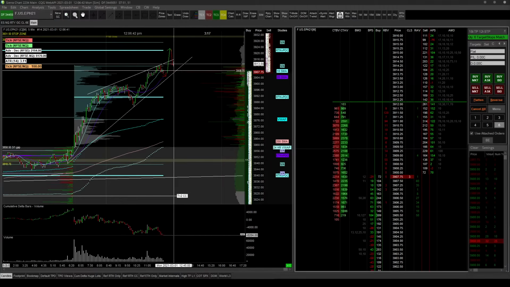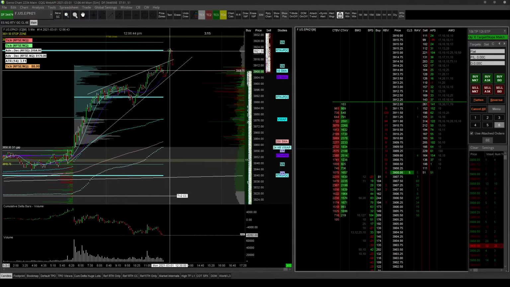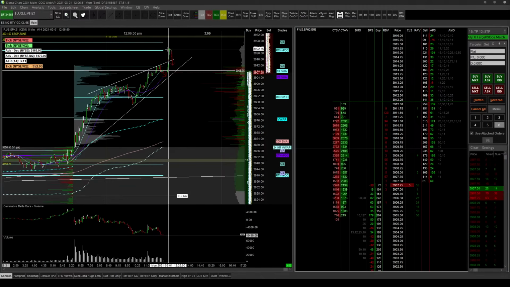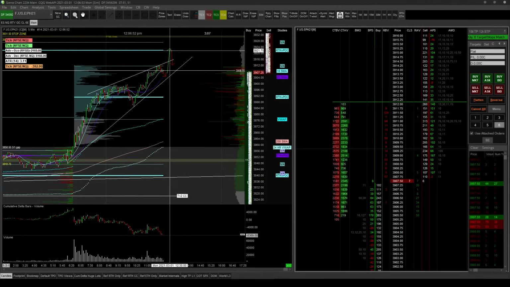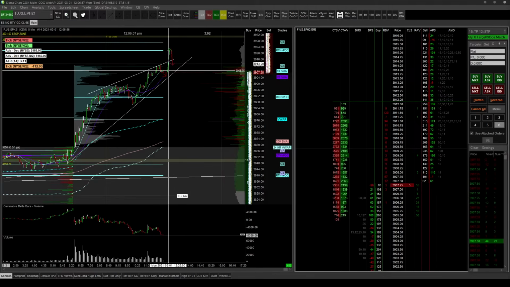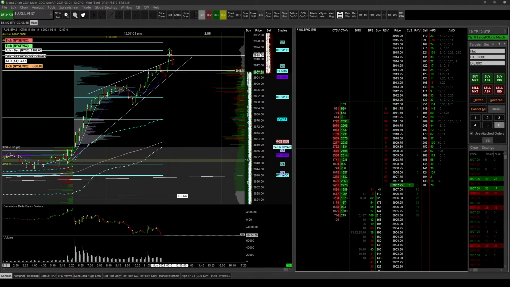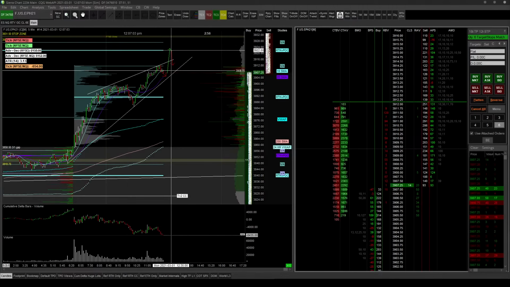You could short here, or you could sometimes get a, if you can read the price action correctly and you know kind of the nature of the beast that you're playing, depends on what you're playing and how familiar you are with how it moves, right? But if you can see that, like, oh, stops are getting hit, breakout traders going bonkers, but it's being absorbed on volume here, right? And then it just starts to pull.